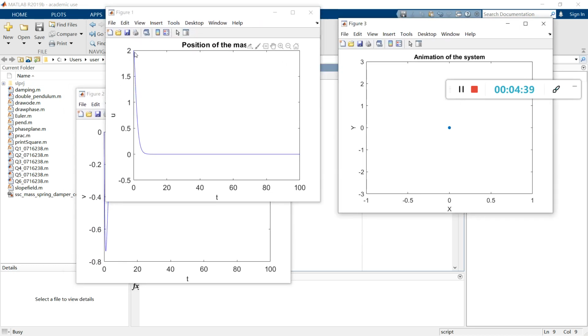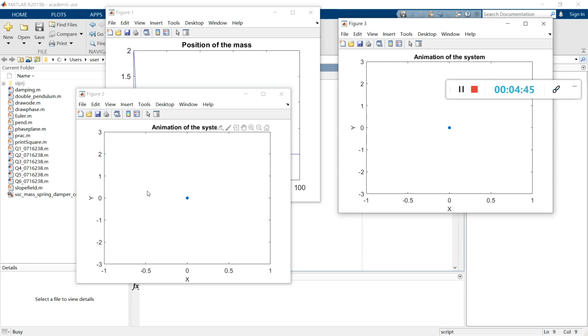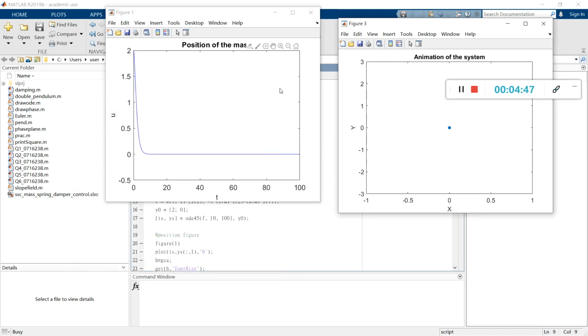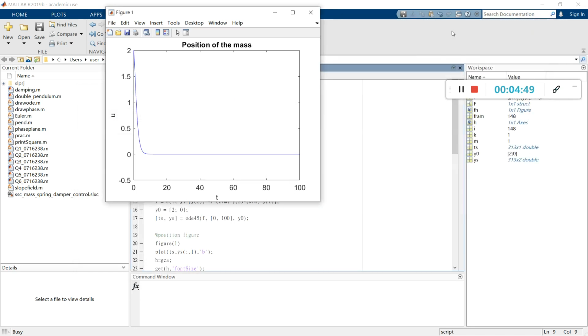And you can see the position of the mass and velocity will go to 0.